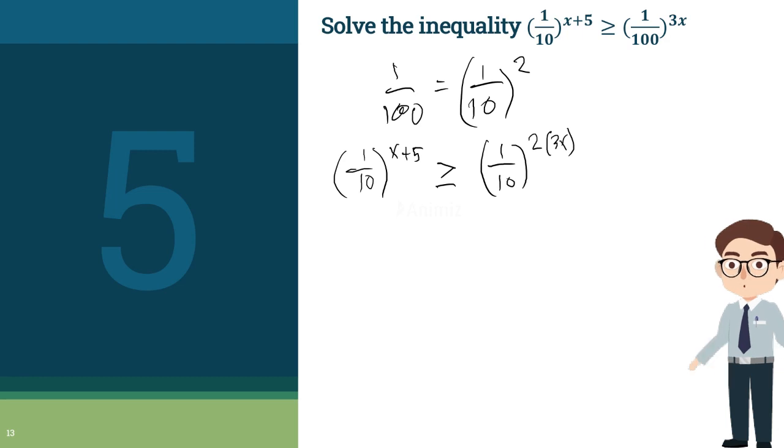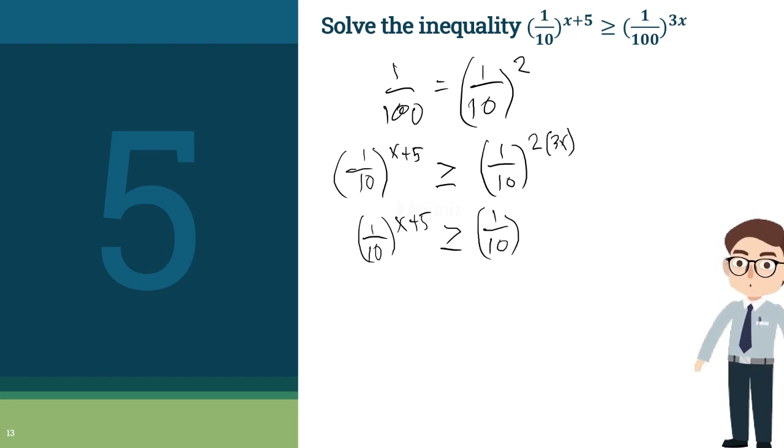Let's simplify it, and that is 1 all over 10 raised to x plus 5 is greater than or equal to 1 all over 10 raised to 2 multiplied to 3x is 6x.